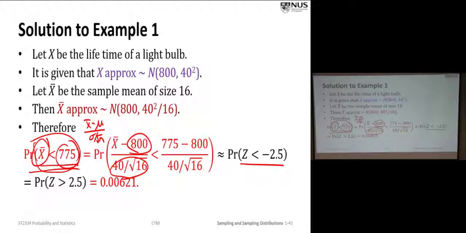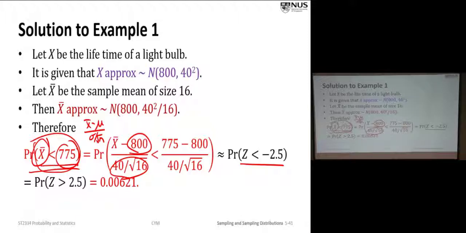All right, so it looks like just minus 2.5, but there's another meaning to it. It means that x bar less than 775 is simply asking what is the chance that x bar is 2.5 standard deviations below the mean.